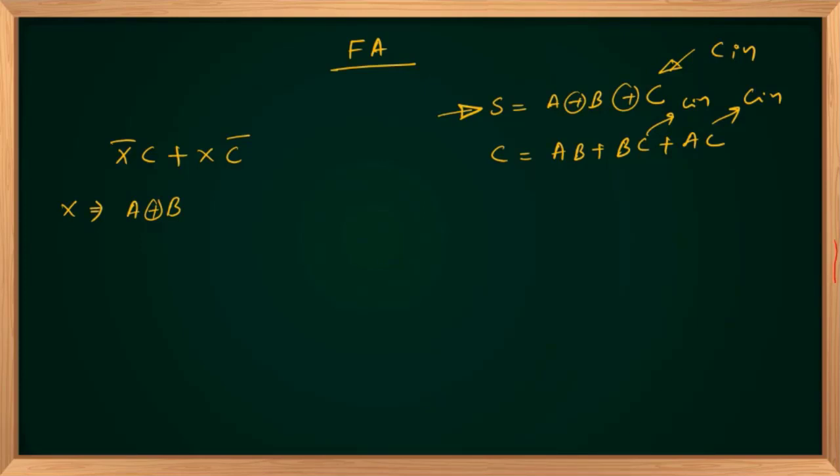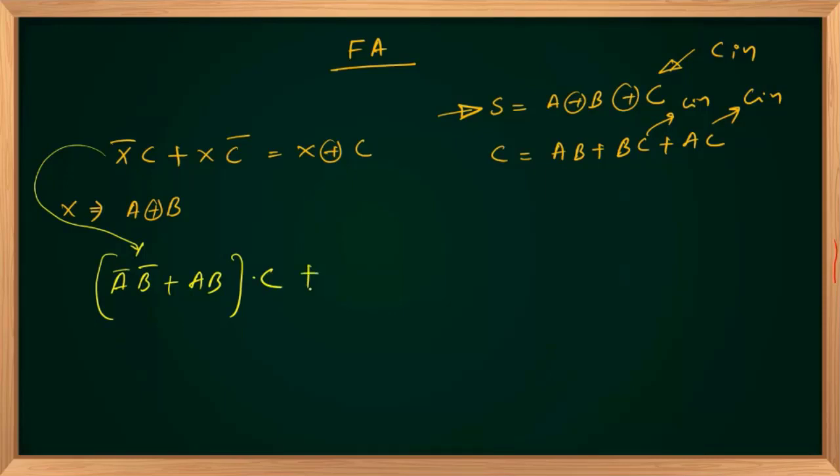X bar C plus X C bar is nothing but X exclusive OR C. Substituting X equal to A XOR B, X complement will be the XNOR function, that is A bar B bar plus AB, dotted with C, plus X, that is A bar B plus A B bar, dotted with C complement.